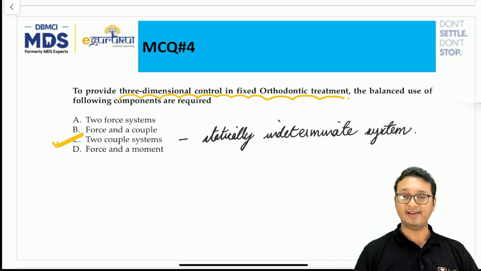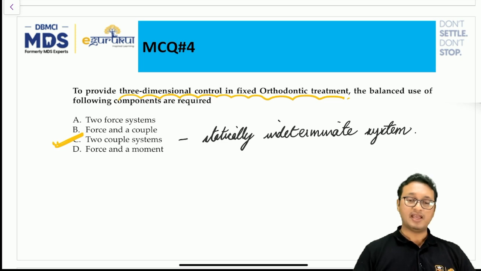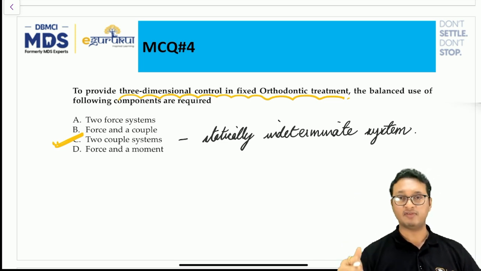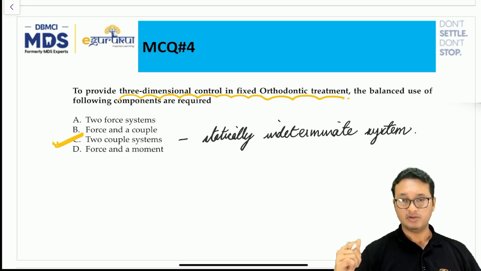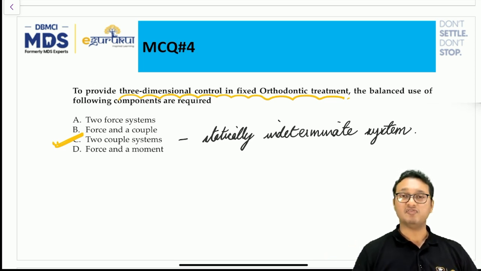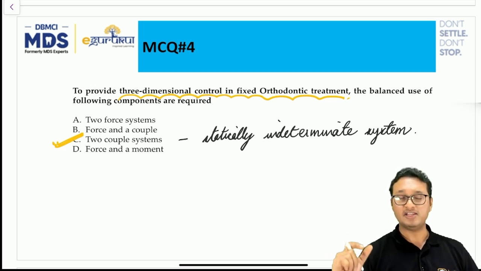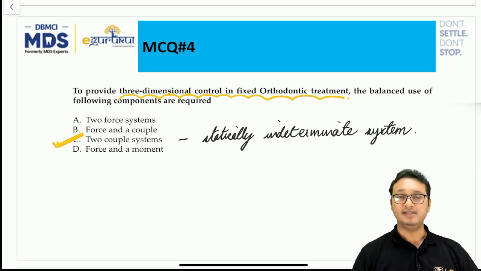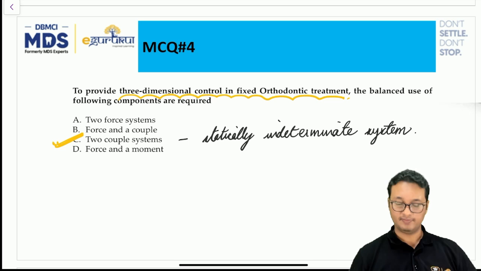That is what a statically indeterminate system is. So we have 2-point contact, we have good rotational control, good vertical control, and good anteroposterior control, only and only if the archwire is fully engaged into the bracket slot to provide a 2-point contact, leading to generation of a 2 couple system.